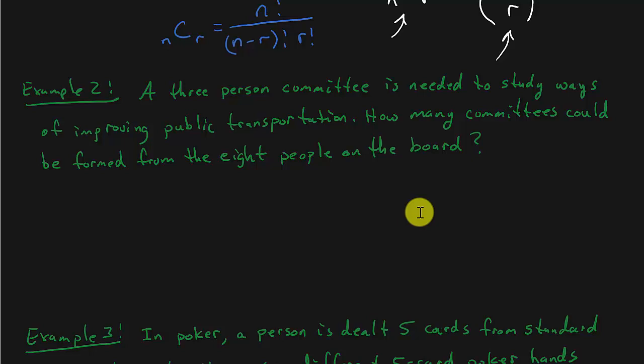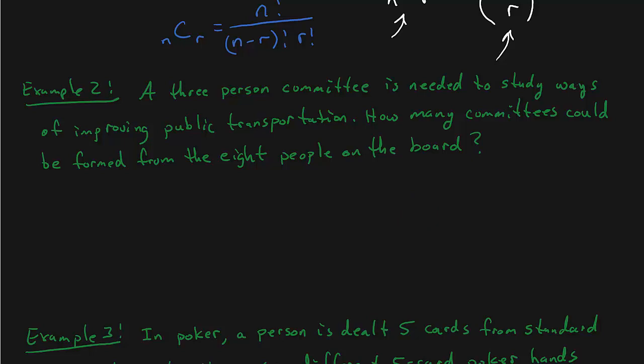So we know that this is a combination because we've got 8 people and we're just choosing 3 of them and saying, okay, y'all are on the committee. We're not saying you're the president, the vice president, the secretary, the treasurer, or anything like that. We're just saying, okay, I'm going to pick you, and you. Y'all are on the committee. So the order makes no difference.